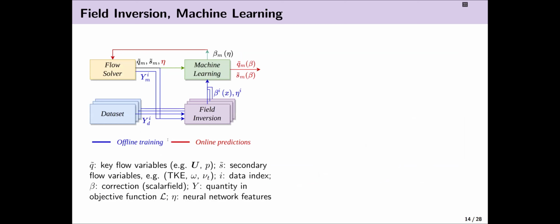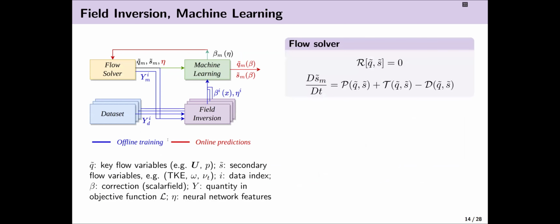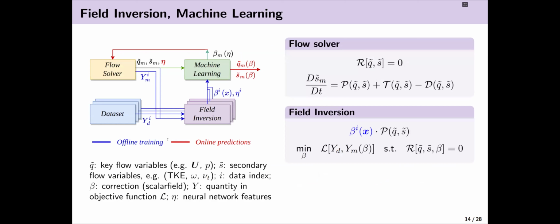So, field inversion machine learning. The first part is something we've kind of talked about. We have the baseline equations, and then we have the transport equation for our turbulence variable. We perturb it in field inversion. We solve an optimization problem, trying to reduce the error in some quantity of interest.